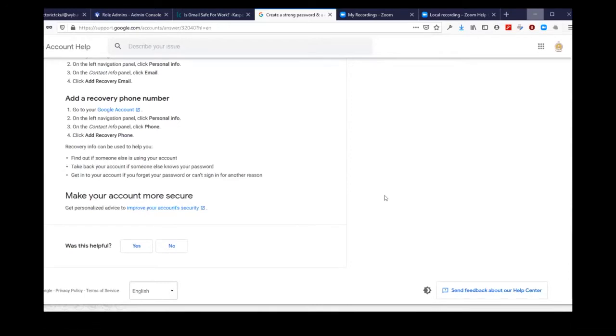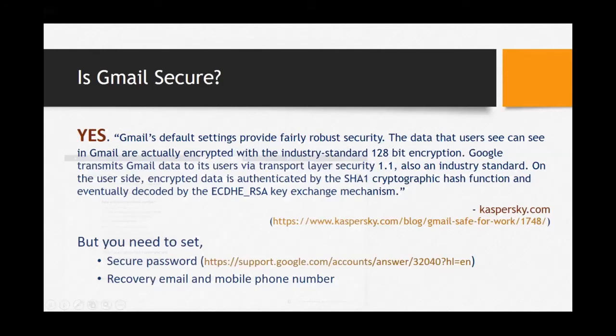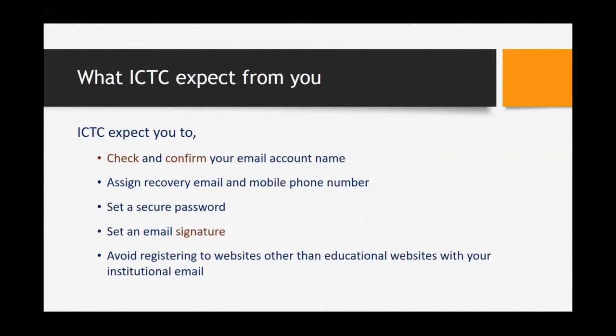Now, what does ICTC expect from you? That is the most important thing. When we looked at all the email accounts in the university a few months back, we observed that only 10 to 12% were still using institutional email. None of the administrative officers or non-academic staff members were using institutional email, so we started creating email addresses.